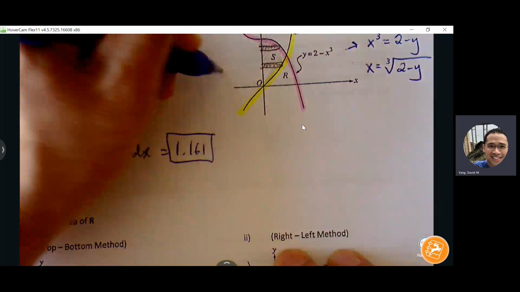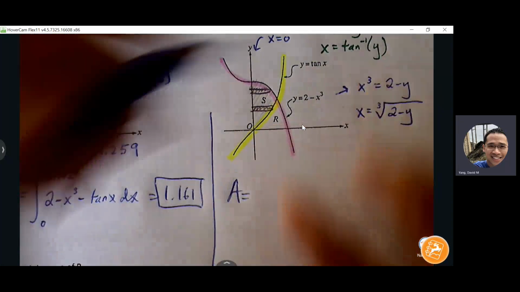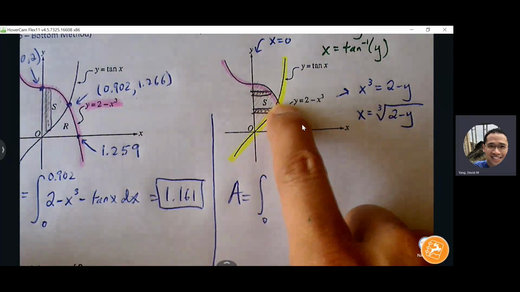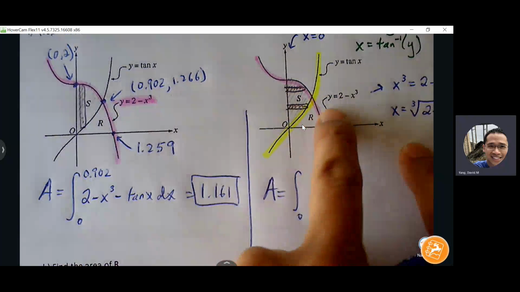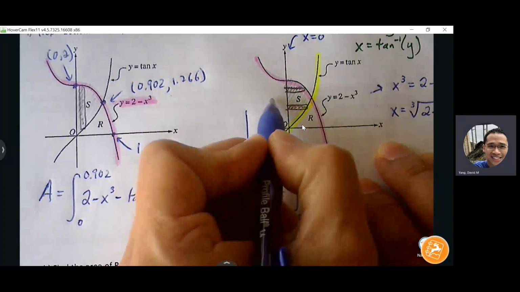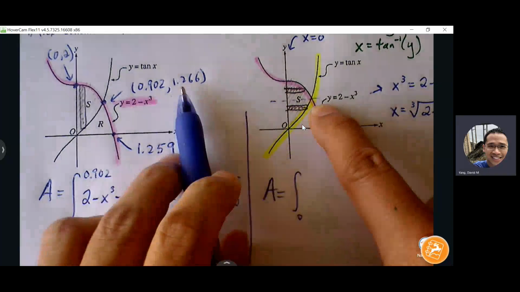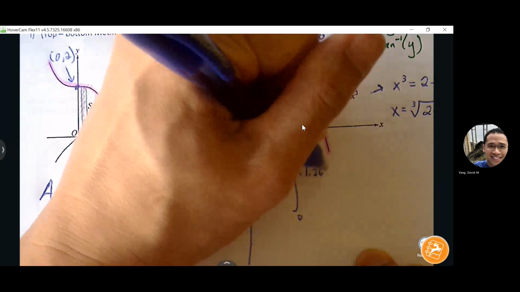All right, so let's set up our area formula. Area equals. Let's do the bottom region here. Definite integral from 0 to, what is the y value at that intersection? We want to go halfway up this region here. 1.266. Okay, right minus left.